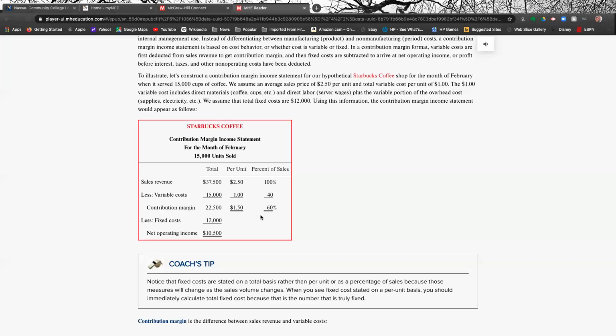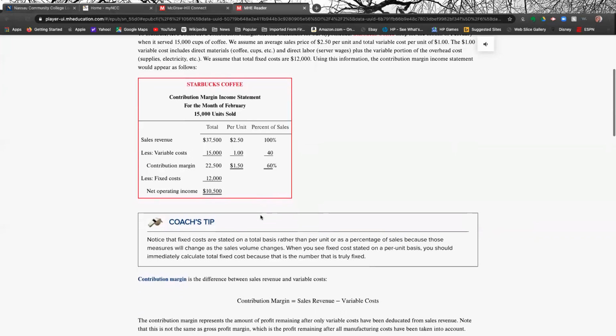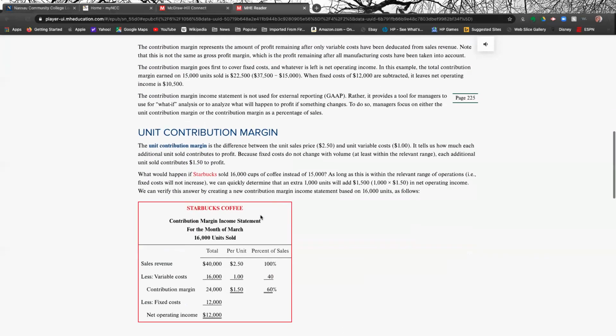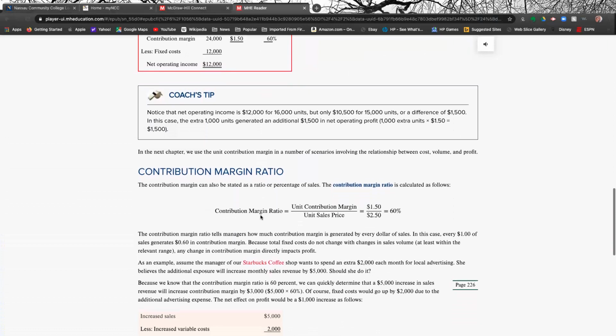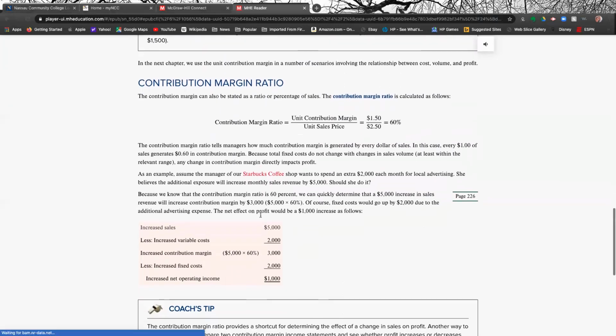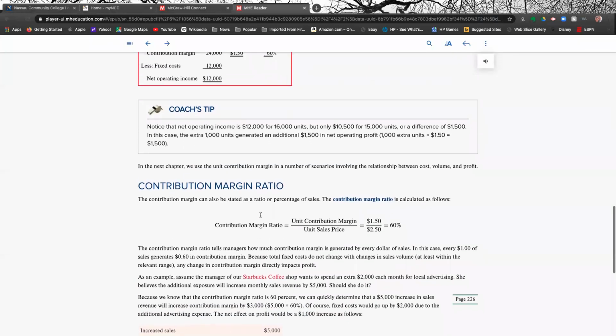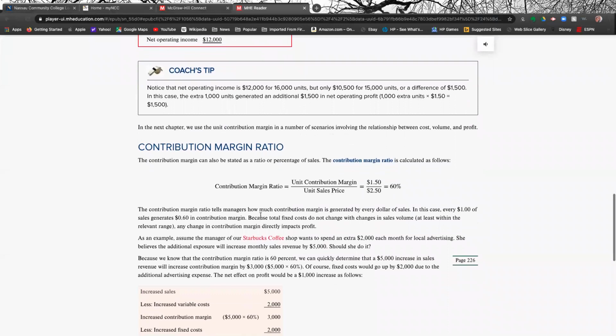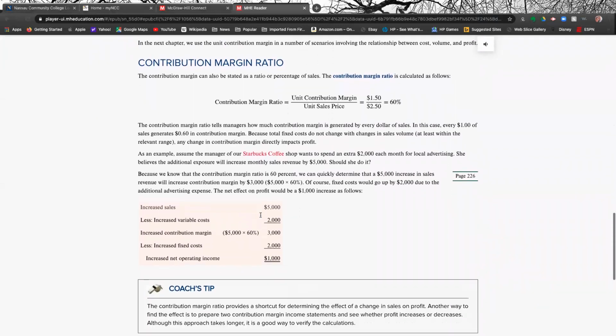And we're going to need this information more so in the next chapter than here, right? But here they're showing you how to calculate it and getting you ready. Right, and here they take you through the calculations of contribution margin. Ratio as a percentage, when we see it as a percentage, we call it the contribution margin ratio.